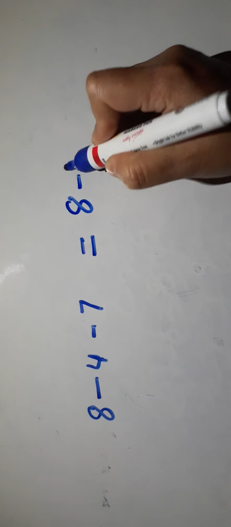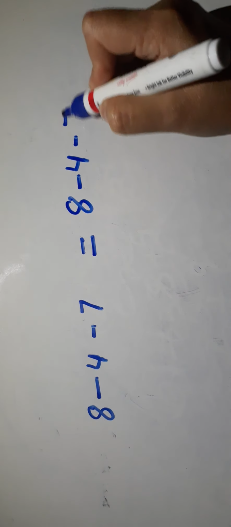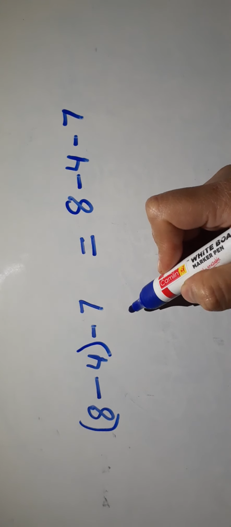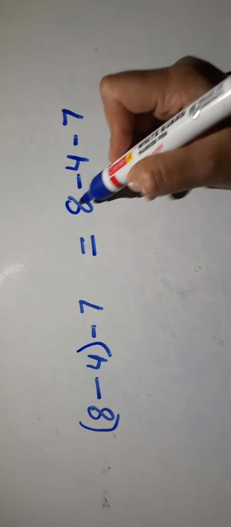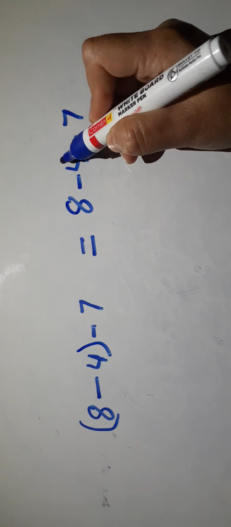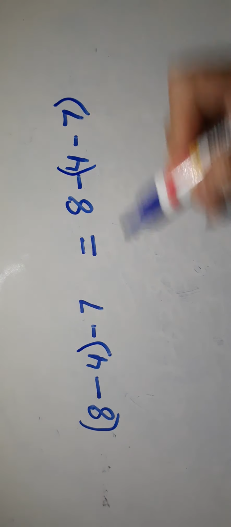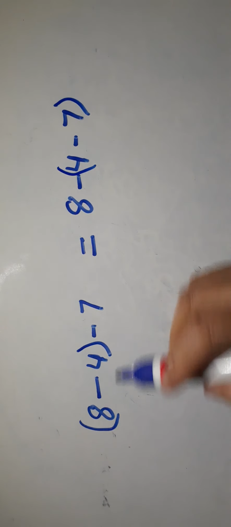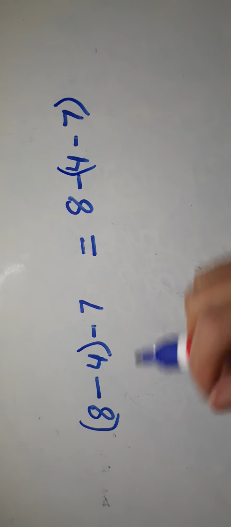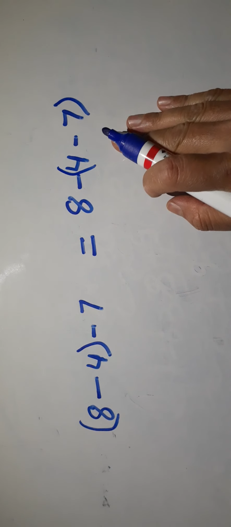Again, 8 minus 4 minus 7. Here I will combine 8 and 4. I'll put them in a bracket, and on my other side I will combine 4 and minus 7. Let's see whether associative or not. We'll find out whether both sides are equal or not.